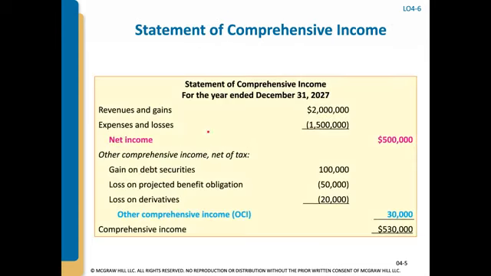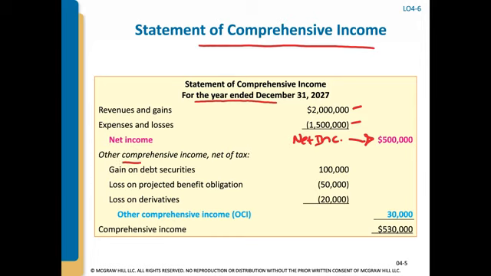Here's an example of what a statement of comprehensive income looks like. Again, it's a period of time, just like a regular income statement. It reports the revenues and gains, expenses and losses, and this $500,000 is the net income that you would see from the income statement. And then it reports the other comprehensive income items net of tax.